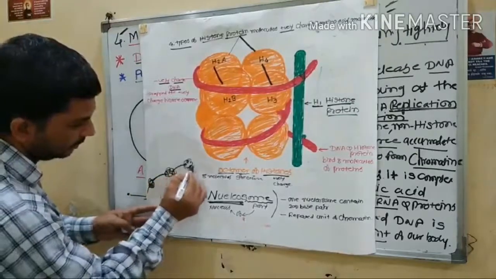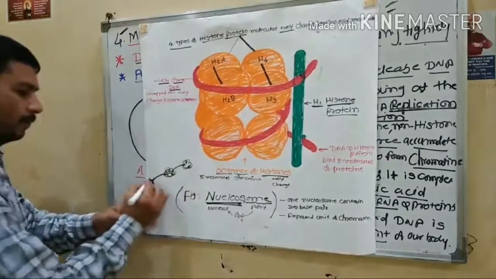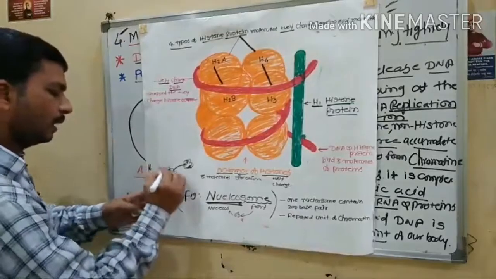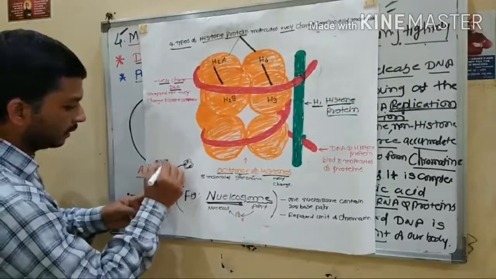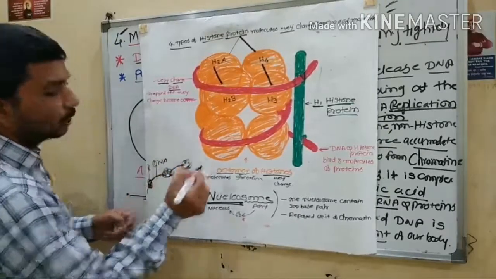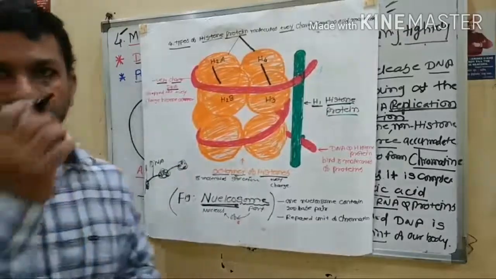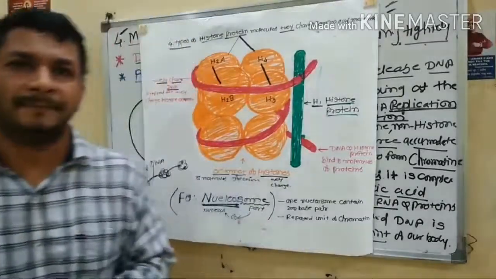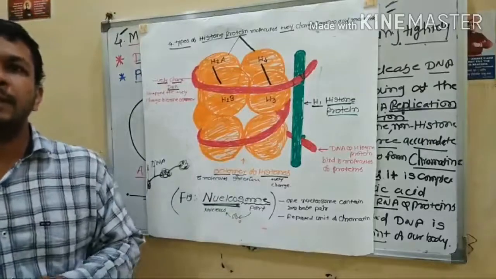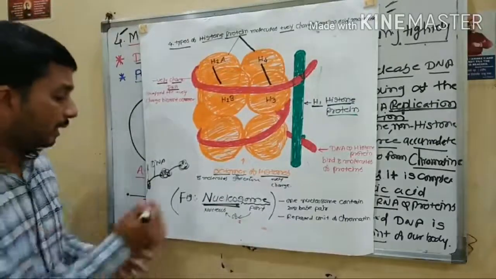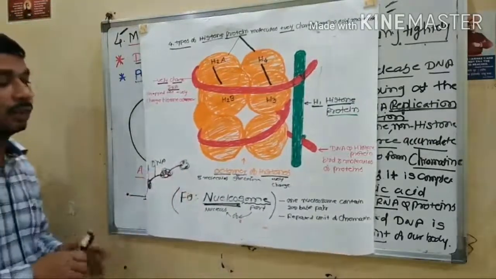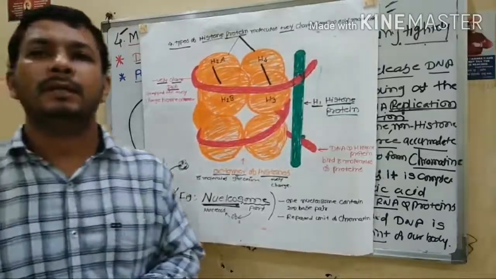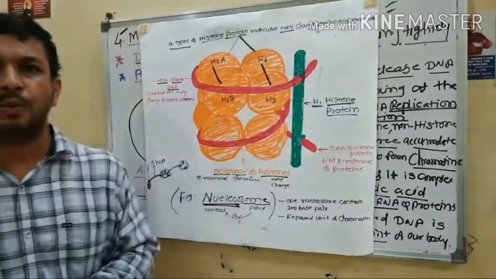These are the beads on the string: the nucleosomes are the beads and this is the DNA. That's why they look like beads on a string when observed under the electron microscope.